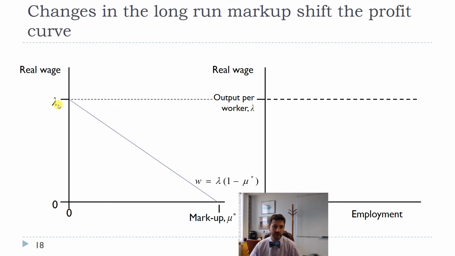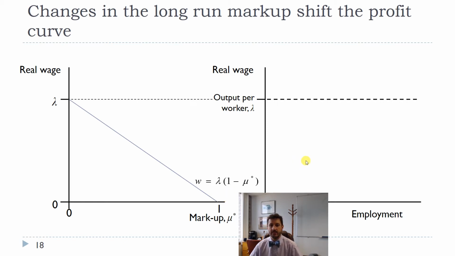And here we have the real wage. This little letter here is lambda, and that is how much output the worker produces. The worker could get all of the output, lambda, or they could get none of the output, in which case the firm is getting it all.